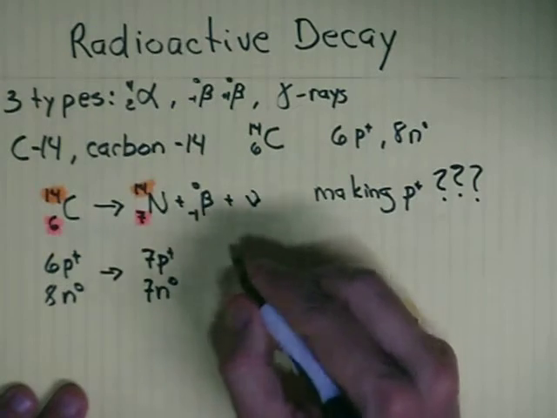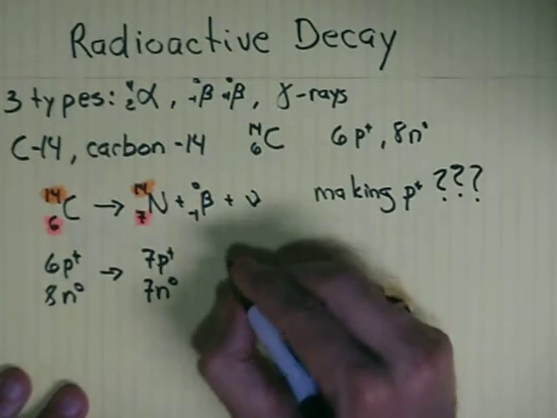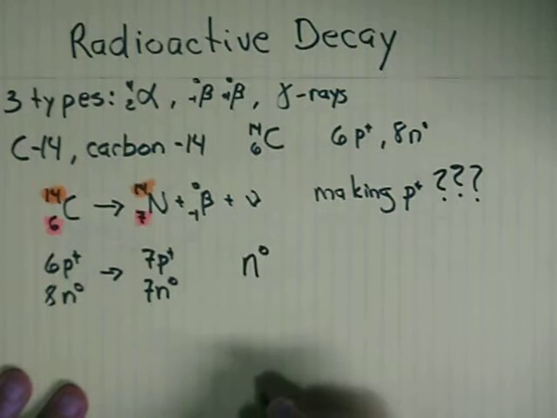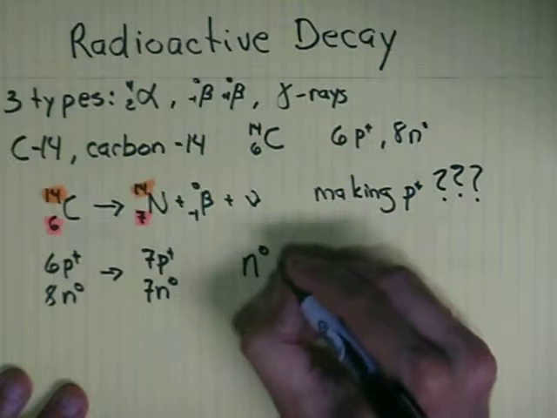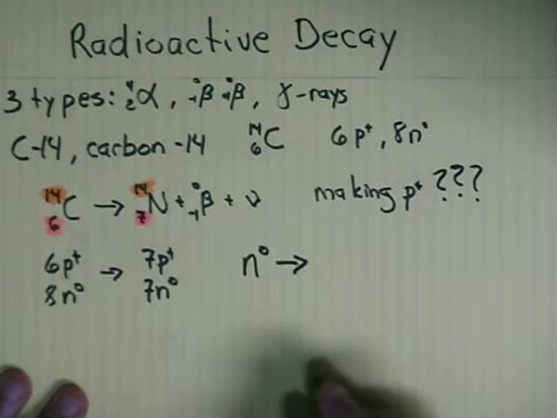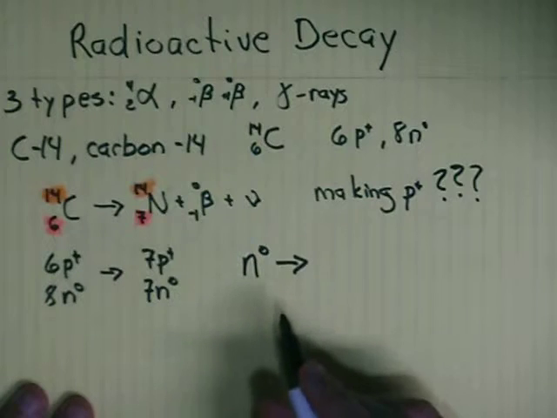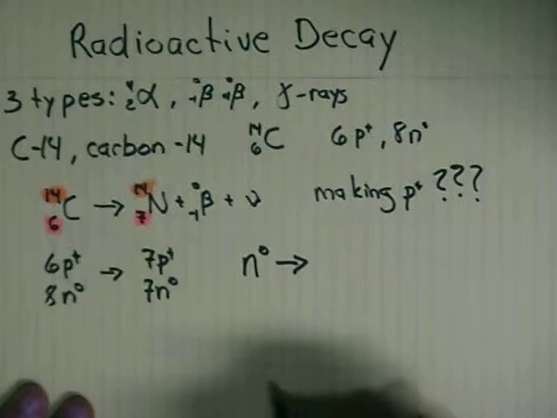And what happens is that we take a neutron, which has 0 charge, and if we remember, neutrons are essentially the same size as a proton.